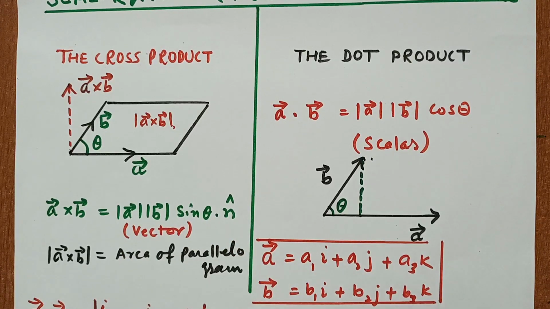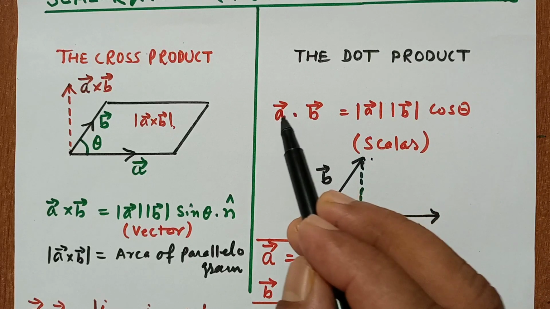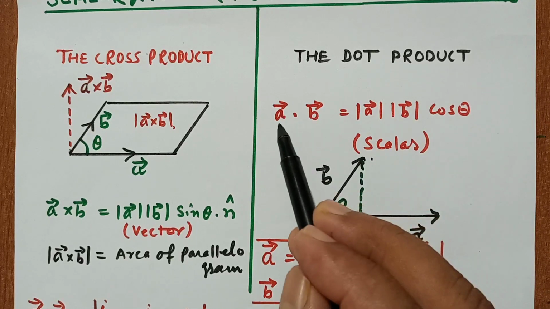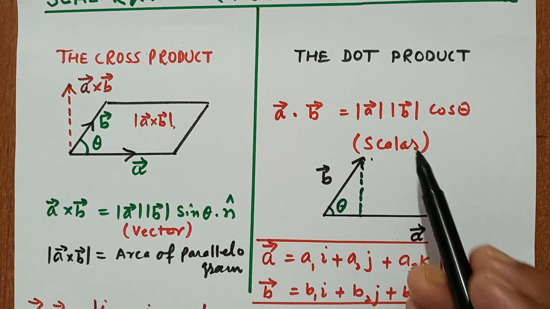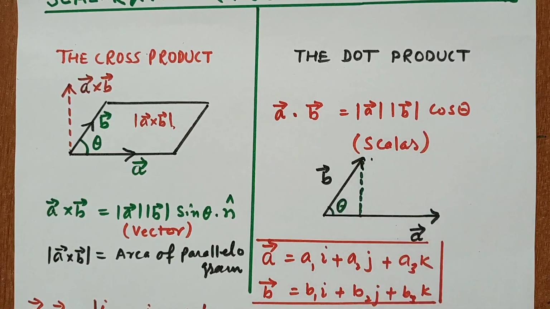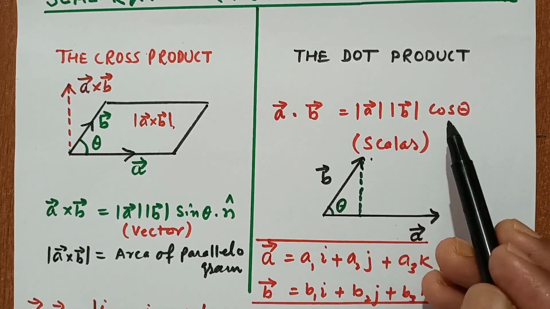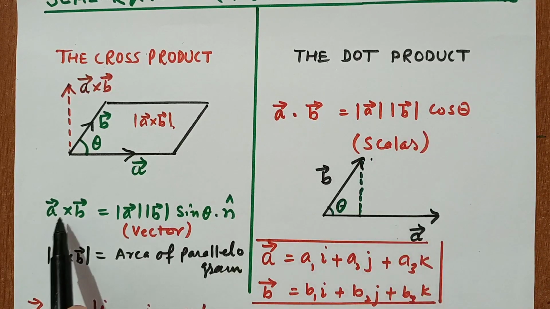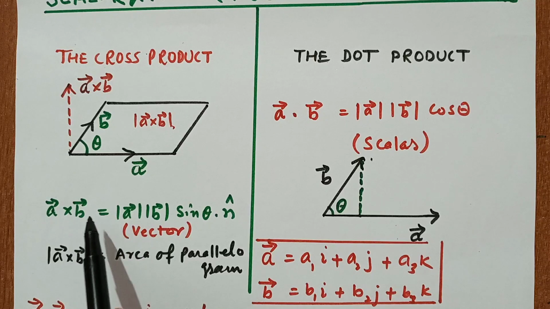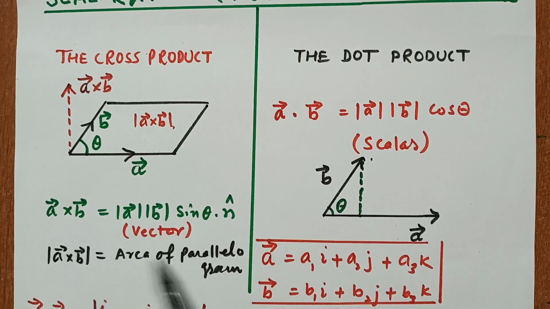Similarly, in the dot product, if A and B are two vectors, then the dot product is a scalar quantity, and A dot B is equal to mod A mod B cos theta. This is a scalar quantity, and the cross product is a vector quantity. So this is the difference between the scalar product and the vector product.